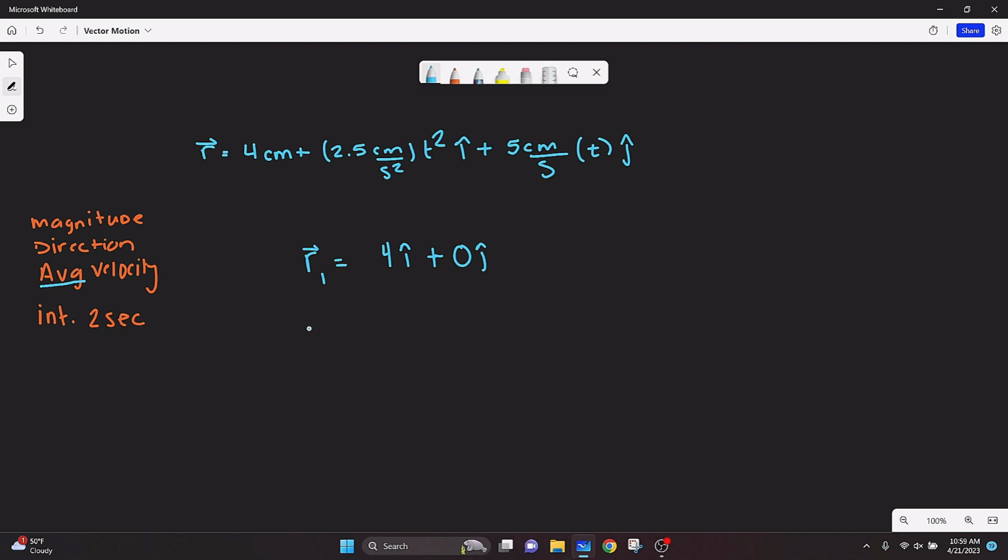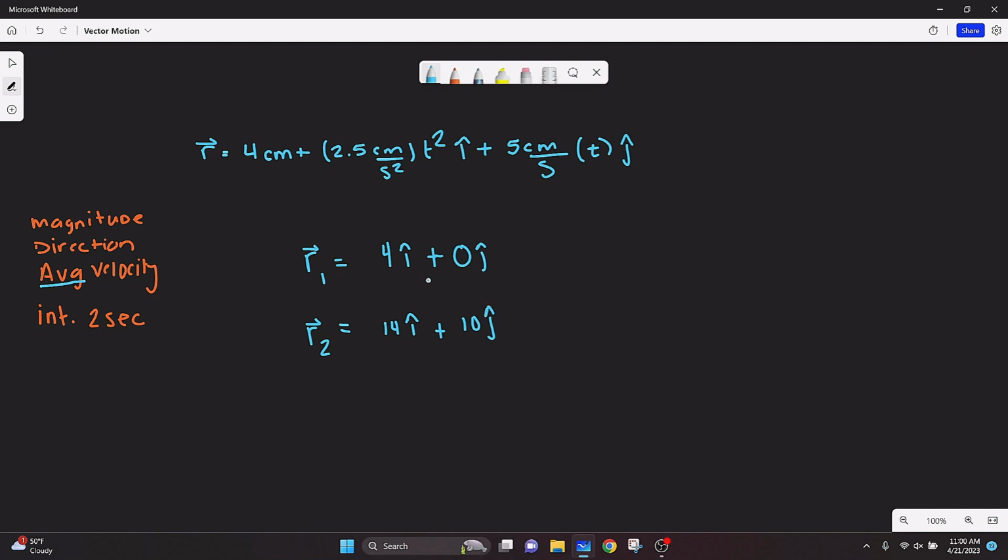Then the position vector r2 at 2 seconds would be 2 squared, which is 4, times 2.5, which is 10, plus 4 is 14 i hat, so 14 along the x dimension, and then 2 seconds times 5 is 10 j hat.